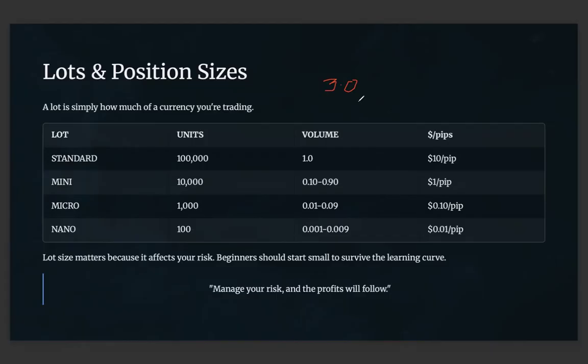Anything that will make me lose more than $5, I don't want. Since you don't want to lose more than $5, with the 3.0, it means that if you enter with a 0.01, now we have 0.01 to 0.09, it simply means $1 per 10 pips.